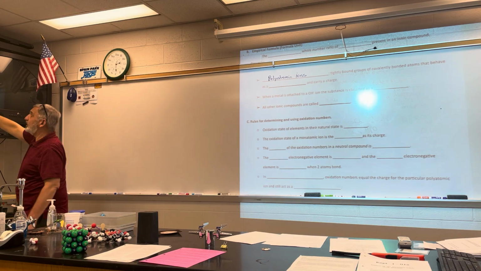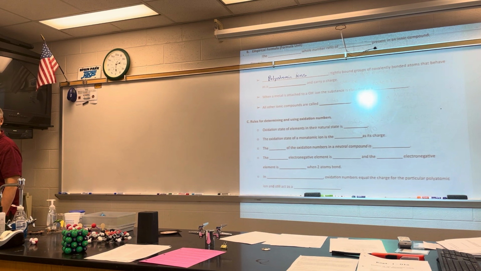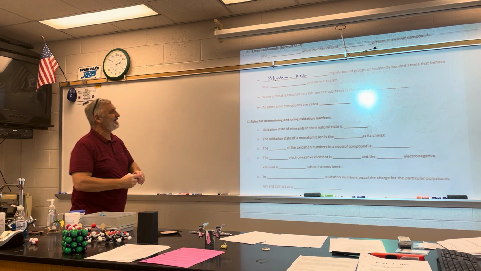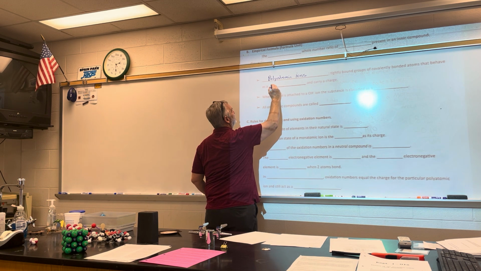Notice that almost all of these are a non-metal with a non-metal. There are a few metals in there, but they're transition metals, and with the higher oxidation states, they end up having some covalent nature in their bonding. Most of them are just covalently bonded together, but they act as a single unit.